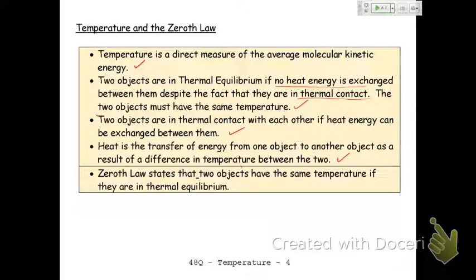So you can end up with these ironic situations where you have a very hot small object and a very cold big object. An ice cube the size of this table and a spoonful of boiling water. The spoonful of boiling water is clearly hotter, but it contains less energy than the ice cube the size of this table.